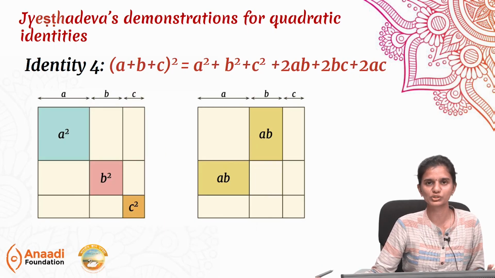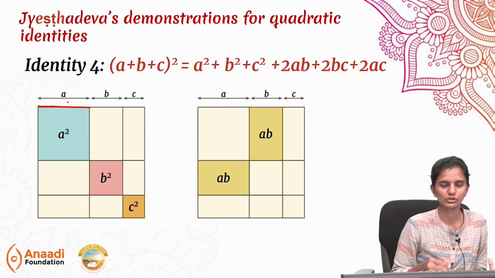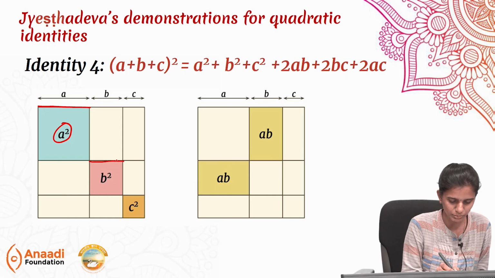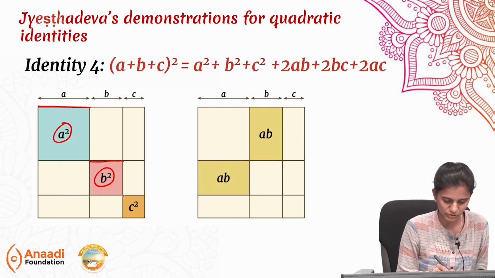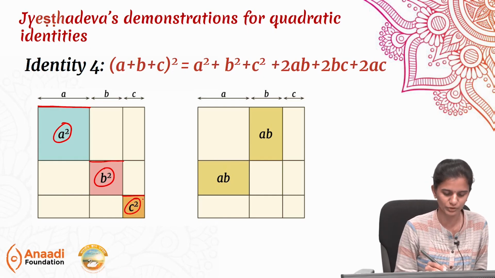For these perfect squares, we know the length, that is, the length of this square is A. So, the area would be A square. The length of this square is B. So, the area would be B square. The length of this smaller square is C. So, the area is C square.